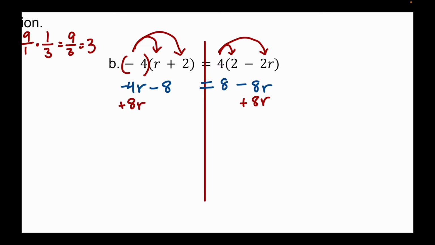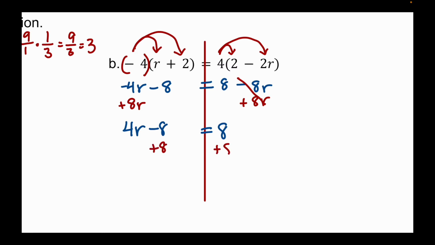And you'll notice I'm only putting things with variables underneath the other things with variables, so that way they can either cancel out or combine. You would not combine the 8 with the other 8 on the left-hand side. So over here on the left, -4r and +8r is going to give us +4r minus 8, and that's going to be equal to our +8.